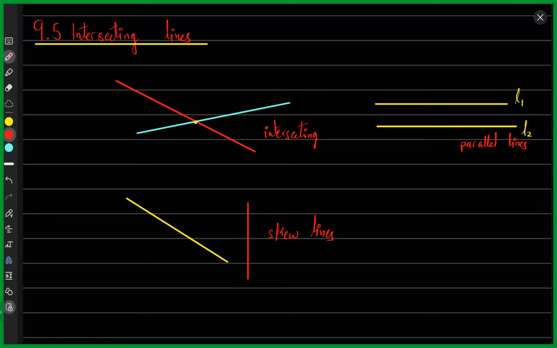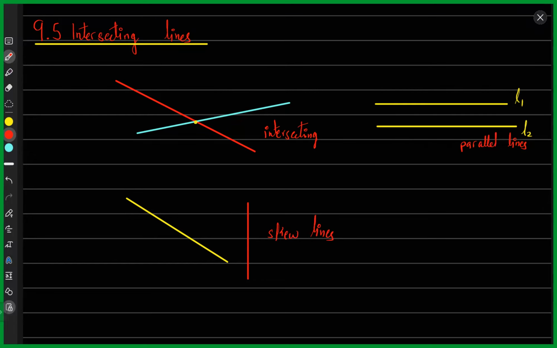We have three different cases. It could be that the lines are intersecting, that is possible when they have something in common. It could be that the lines are parallel. If the lines are parallel, their direction vectors are going to be scalar multiples of each other, and two lines which are parallel can certainly not intersect.